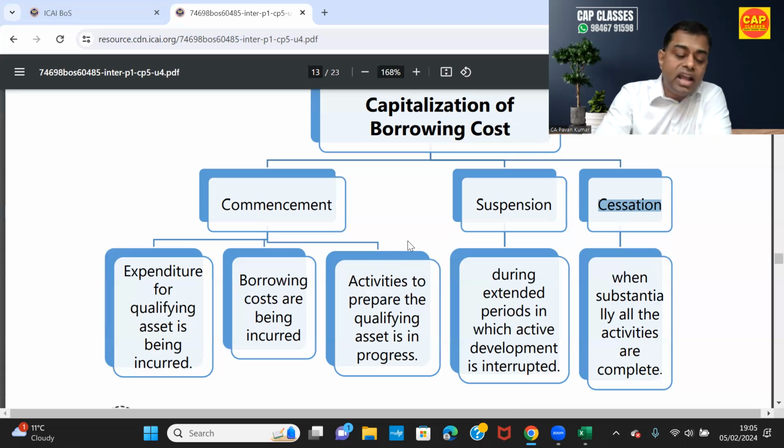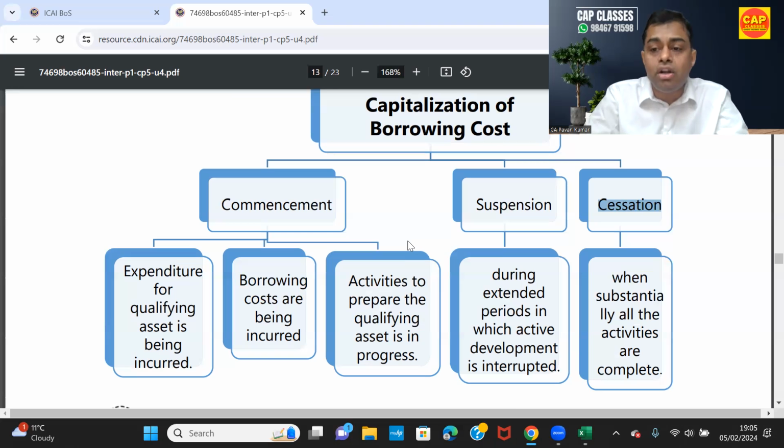Now, do you remember yesterday I gave you an example in the previous session? If there is any abnormal cost, that should never be part and parcel of the cost of production or the cost of the asset. In that context, I told you clearly about borrowing cost. You are constructing a dam or a bridge on a river, and the water levels are high, and the chief engineer came to you and told, Pavan sir, we have to halt construction for 1 month.